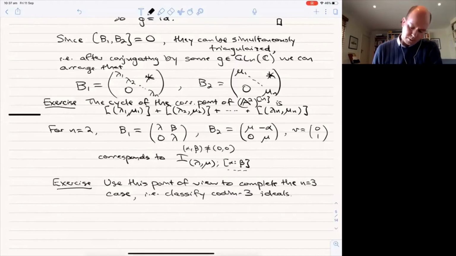So an easier version of the exercise, which actually captures all the interesting bit, is to just assume that B1 and B2 are nilpotent.